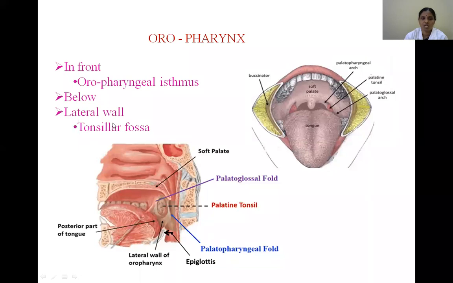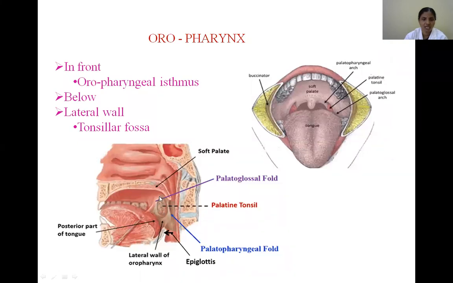Then, what is the important structure present in the lateral wall of the oropharynx? See, in the lateral wall of the oropharynx, there lies a depressed area that is nothing but the palatine fossa. So why is there a depressed area? See this picture. This is the palatine fossa. Fossa means somewhat depressed. If there is a depression, either side must have an elevation.